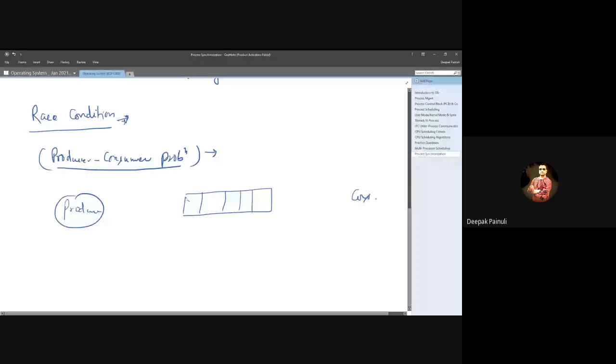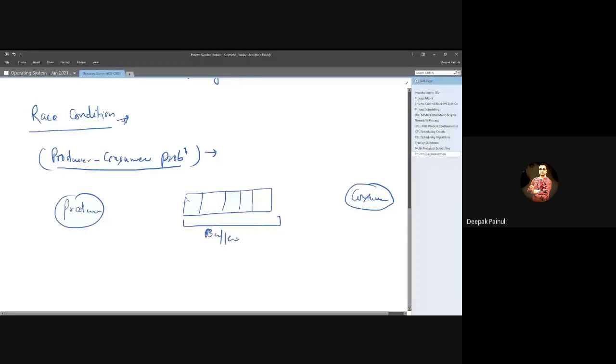That means there are two processes. One is the producer and one is the consumer, and they are sharing this buffer.